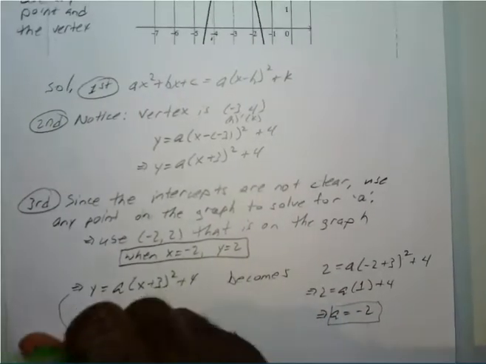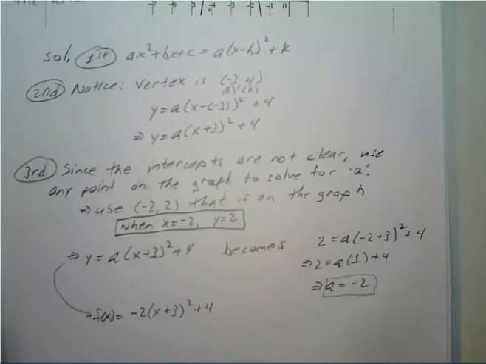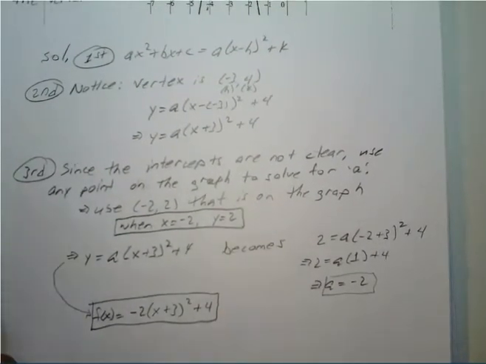Instead of y, we're going to make that f of x, just to keep it consistent, because remember, y is just equal to f of x. So you can leave it in this form, or you can make it f of x equals -2 times x plus 3 times x plus 3, plus 4.